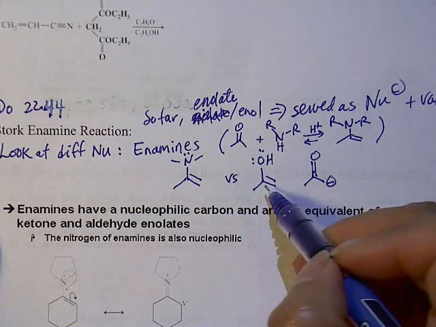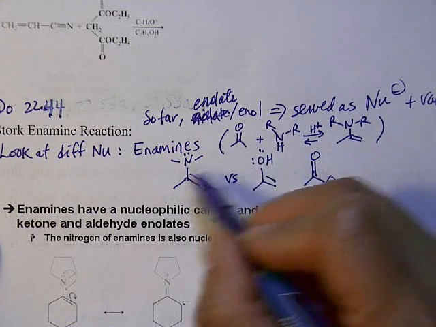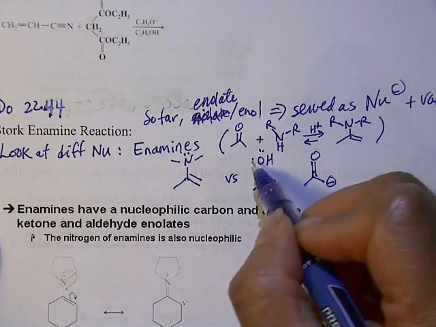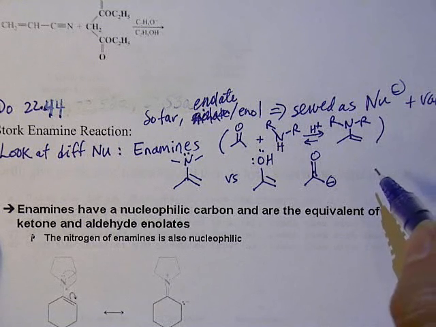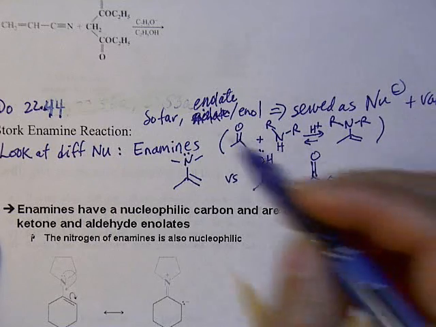But notice where the double bond is. Notice that there is a lone pair on the nitrogen, just like on the oxygen. And so enamines, because they're structurally similar looking to enols, they could serve as nucleophile.